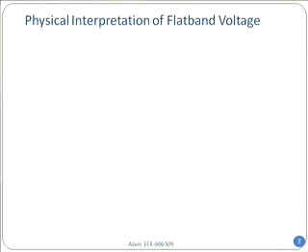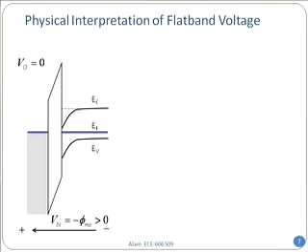Now let's talk about what this flat band voltage issue is. Physically, what flat band voltage means is the amount of gate voltage you have to apply in order to make the bands flat. That's flat band voltage. So which direction do you think we should go in order to make the bands flat? Vg is 0 now.